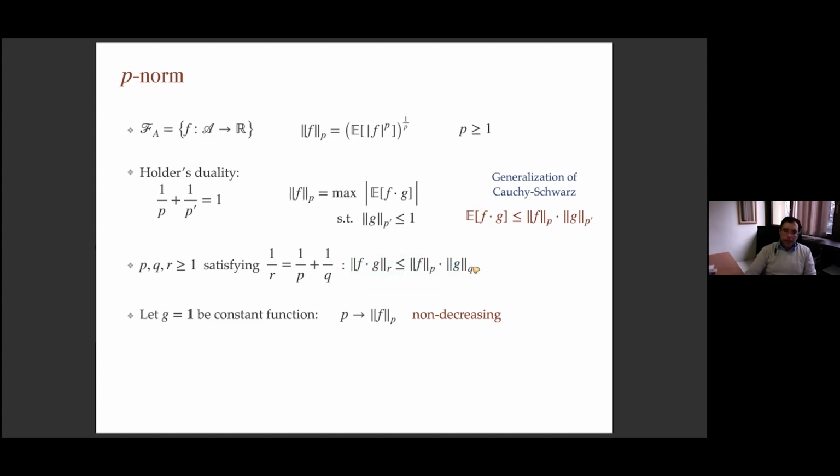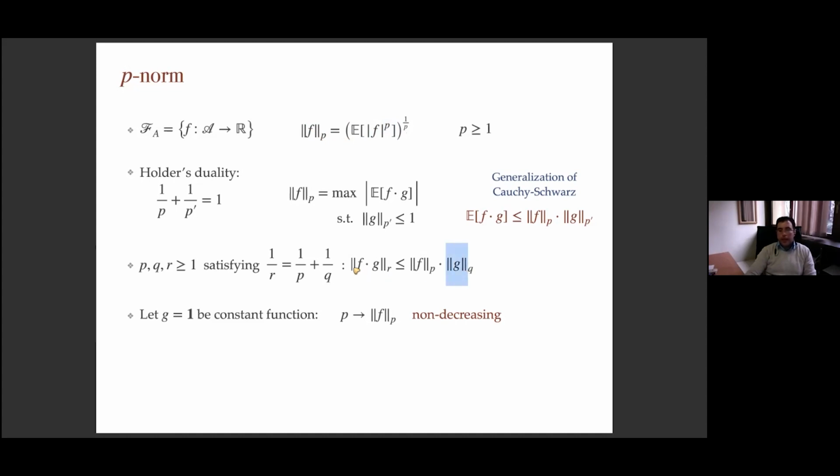What can we learn about this one? Suppose that g is the constant function 1. Then fg would be just f, and the q norm of g would be just 1, because 1 to the power of q is 1, the expectation is 1, and 1 raised to the power of 1 over q is 1.